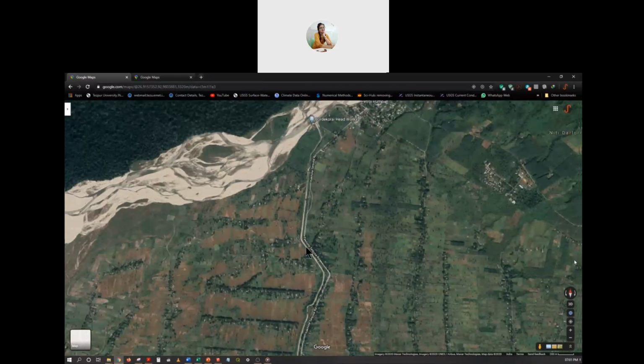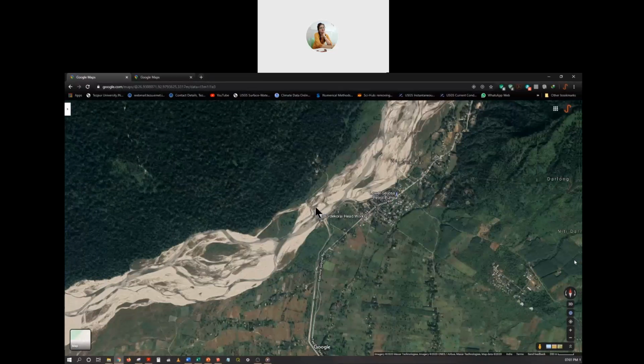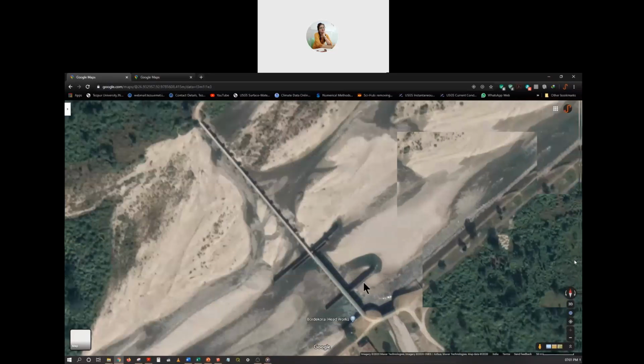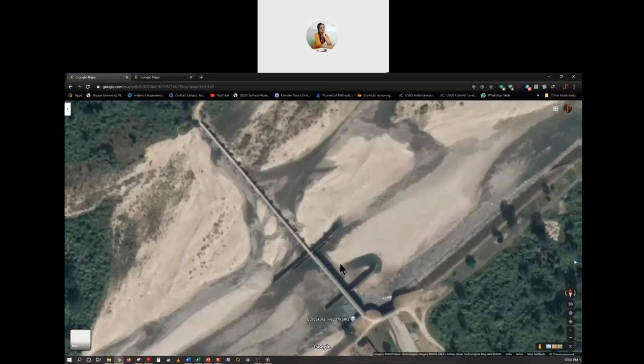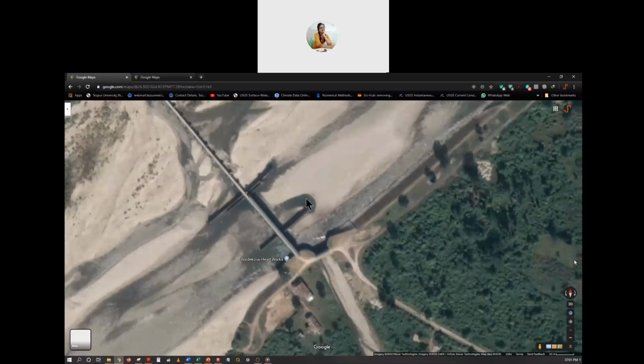Now, if we look at the whole project, this is the main weir, basically a barrier which raises the water level, and this is called a divide wall. This is another divide wall. The divide wall serves one purpose: it prevents the formation of secondary current. Secondary current is when water flows in directions other than the straight direction of the axis of the river.